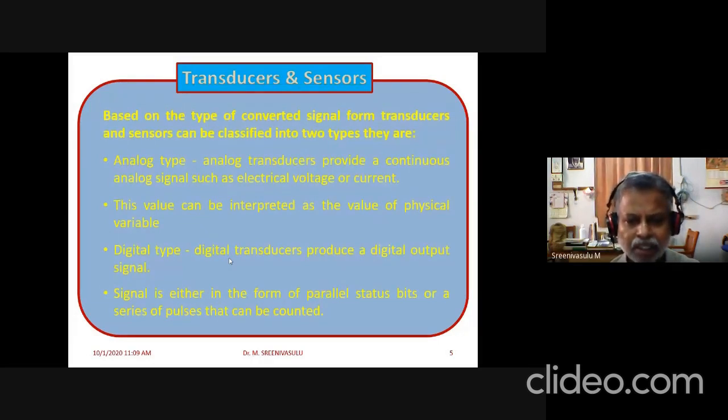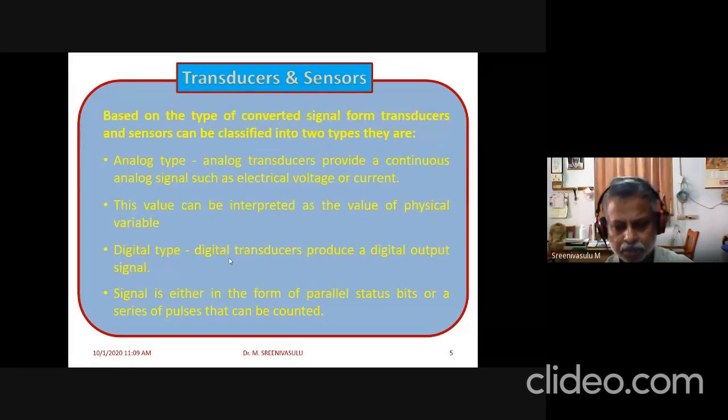Analog transducers provide a continuous analog signal such as electrical voltage or current. This value can be interpreted as a value of physical variable. And coming to the digital type, digital transducers produce a digital output signal.